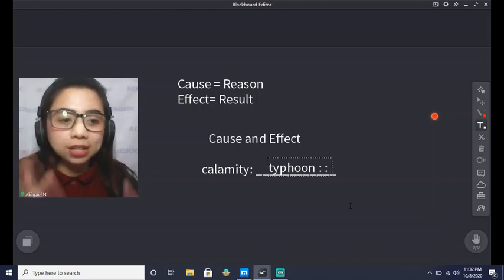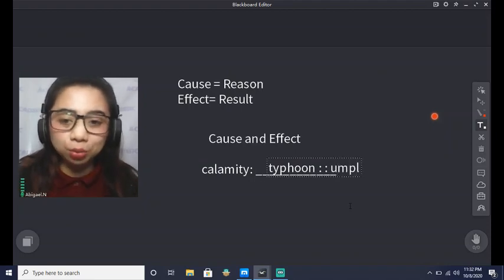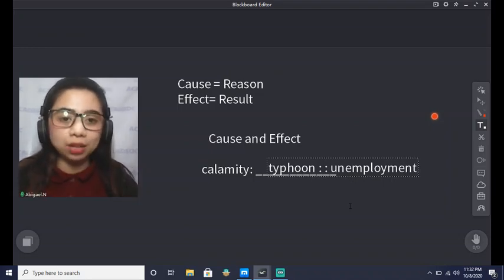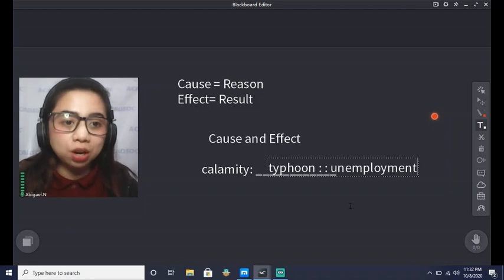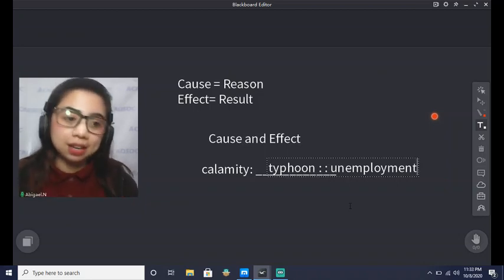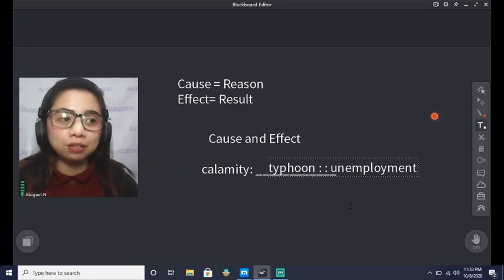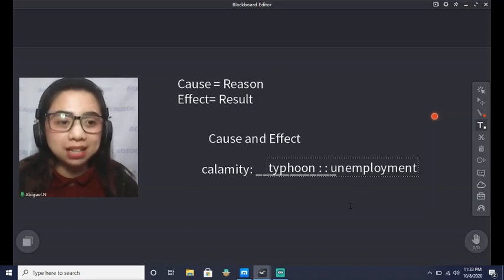Now we have to make a new cause and effect analogy. So let's think of another cause. Do you know the word unemployment? Unemployment is a noun. It's the situation where people lose their jobs. Like in this trying time, we're experiencing a pandemic. So a lot of us are uncertain about what's going to happen next in the coming days.